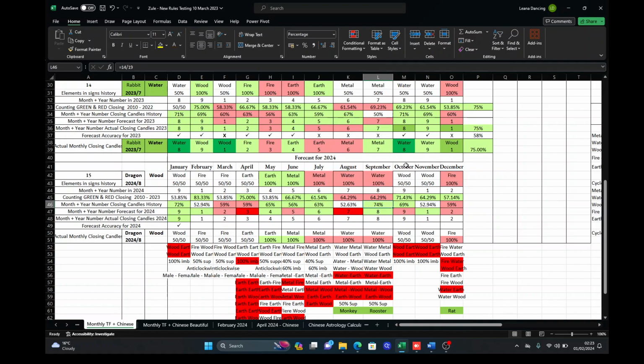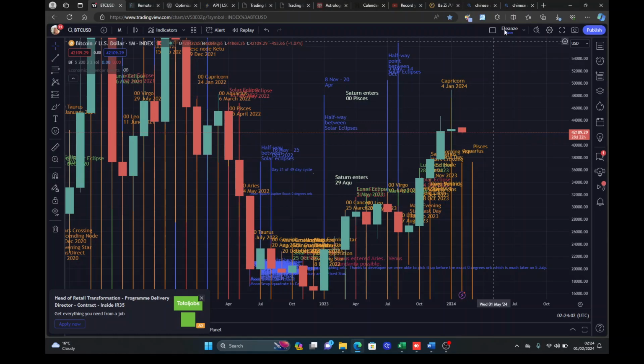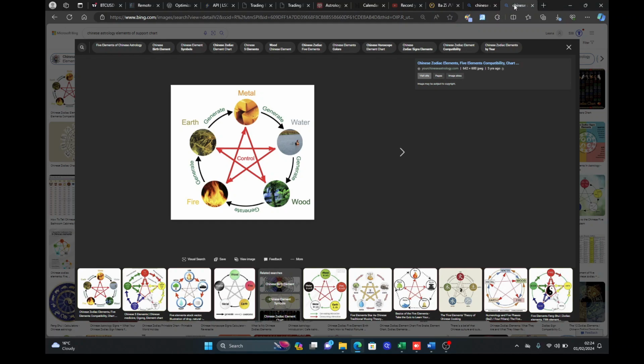So what we have in October is wood, earth. And guess what the year is? The year is wood, earth, as I showed you on several occasions. So when we have these two elements repeating each other, it will be young wood double and double young earth.